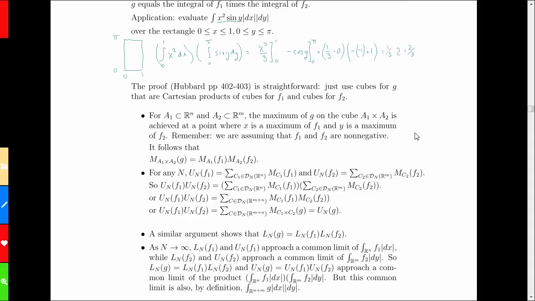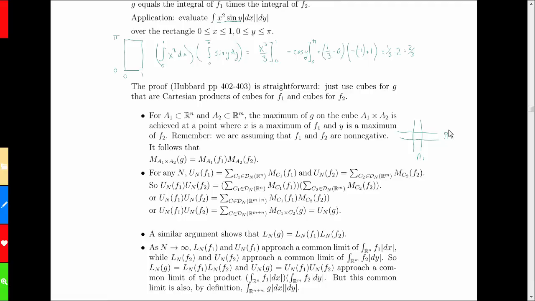The cubes that we want to use for g are going to be products of cubes for f1 and cubes for f2. And if n and m are both equal to 1, a cube, so-called, for f1 is just an interval along the x-axis.